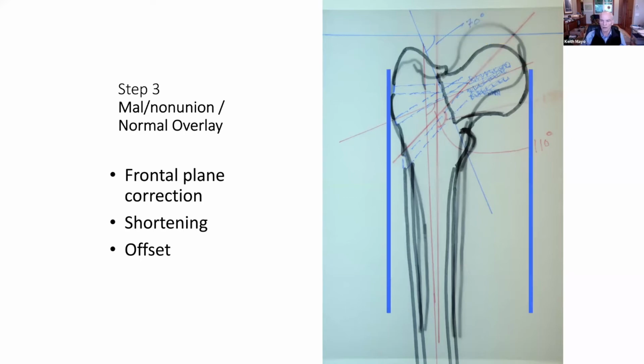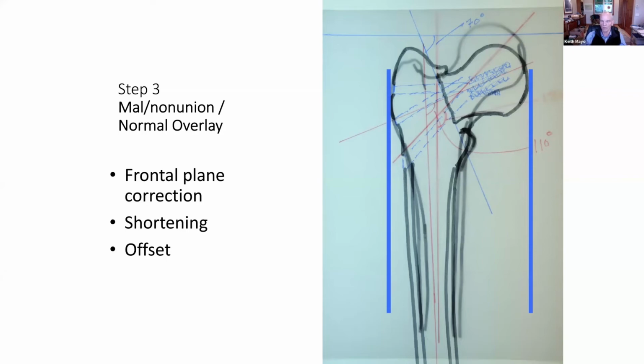And then we're going to look at offset. Well, we don't have a lot of ways to compensate for offset. And in general, frontal plane corrections will have an offset implication. So if you go from varus to valgus, you're going to lose offset. And in extreme cases there are things that you can do to compensate for that. For the most part, we just want to be aware of what we're going to do and how it impacts offset.